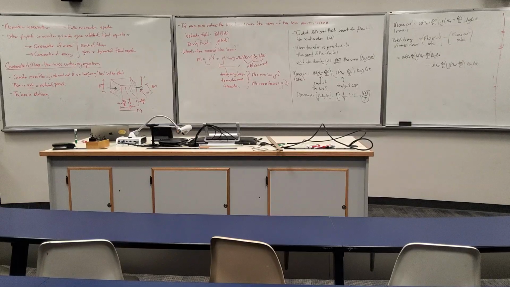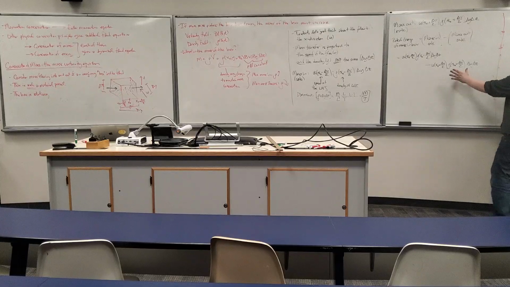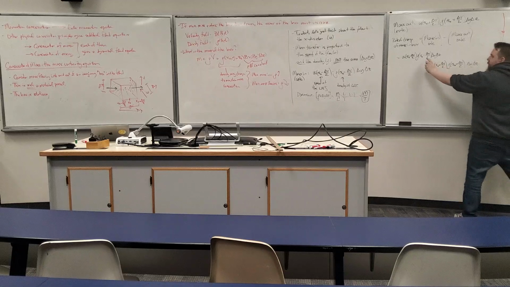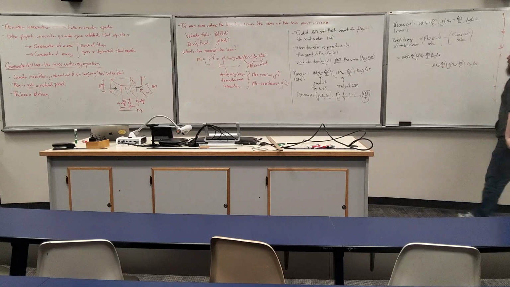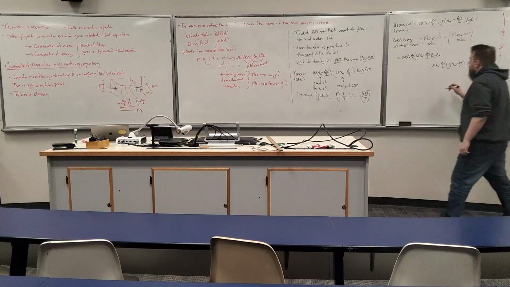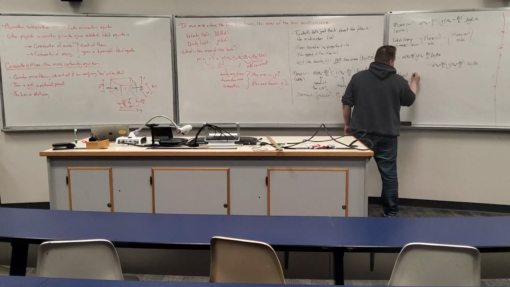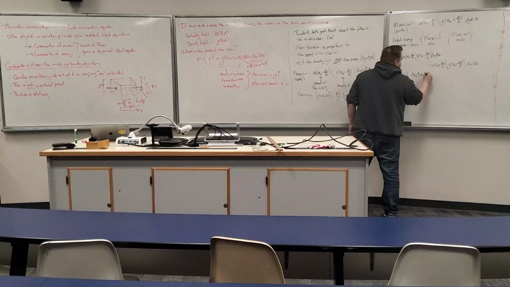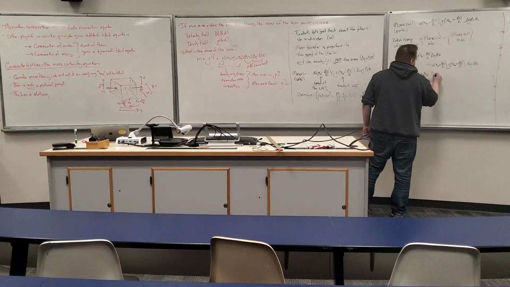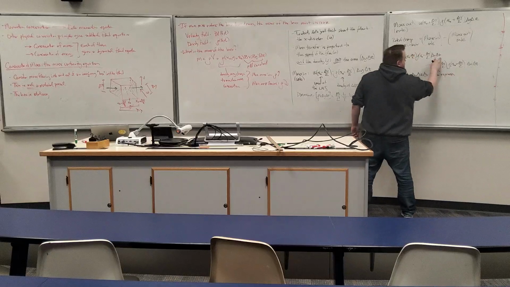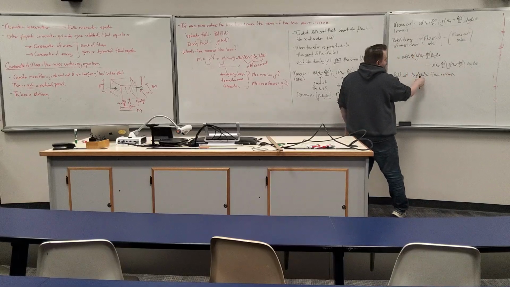Much like we did before, there's a little derivative trick here. This is starting to look like a derivative, because we have something evaluated at x plus delta x over 2 and something evaluated at x minus delta x over 2. What I'm going to do is pull out delta y, delta z, and then also multiply and divide by delta x.